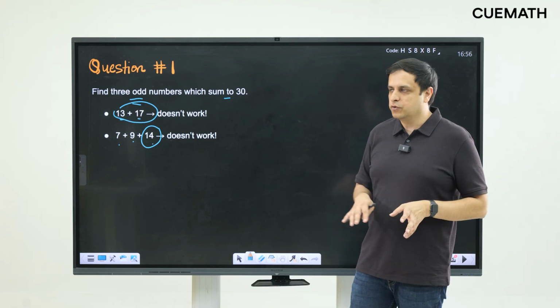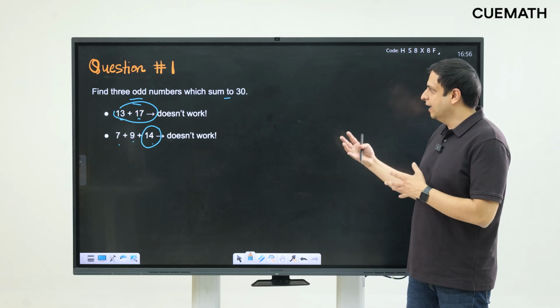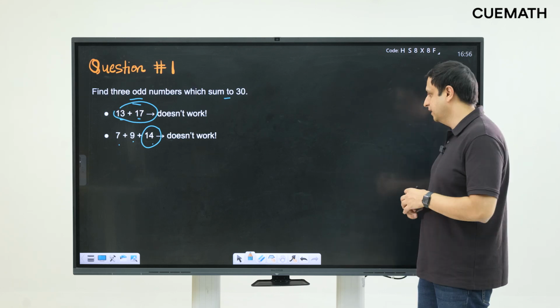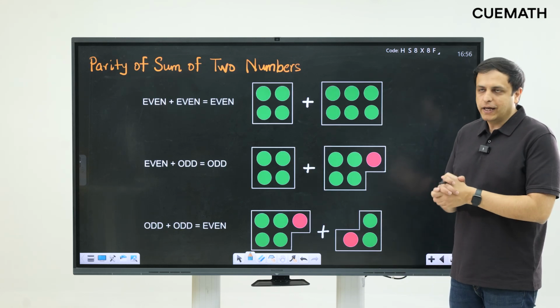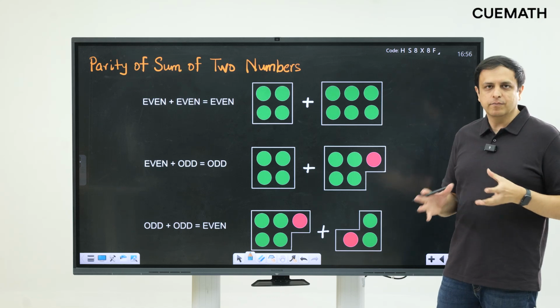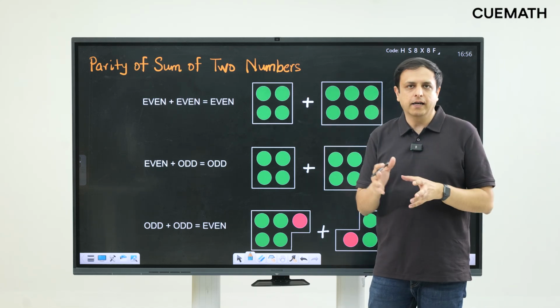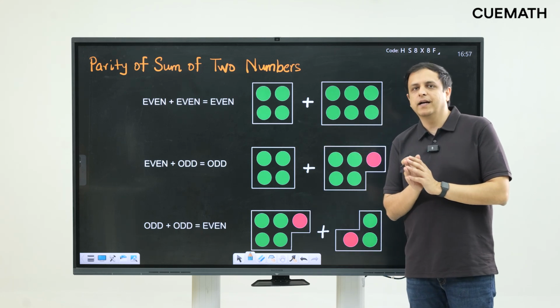So, your problem is to find 3 odd numbers which sum to 30, and I will now help you understand how to solve this problem by using the visual models of parity that we just saw. So, what we will do is we will look at parity of sums of two numbers. So, if we take two even numbers and put them together, what will be the parity of the sum?